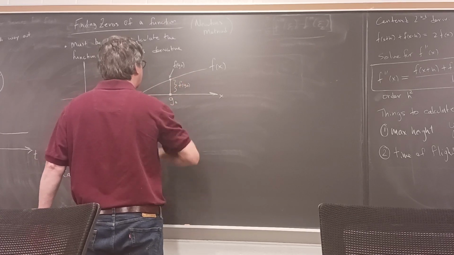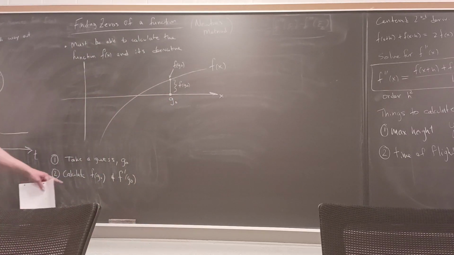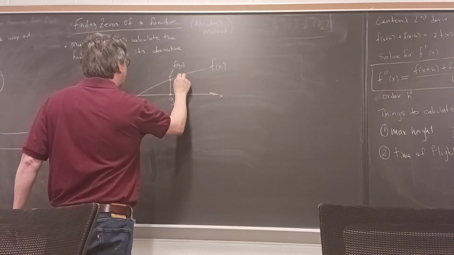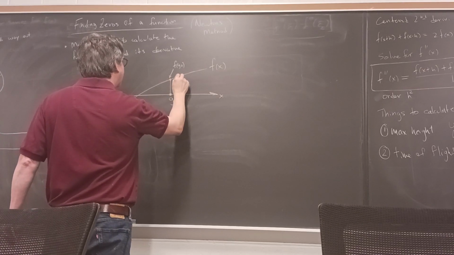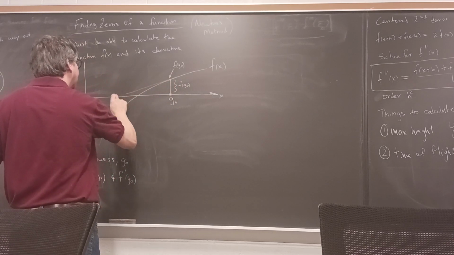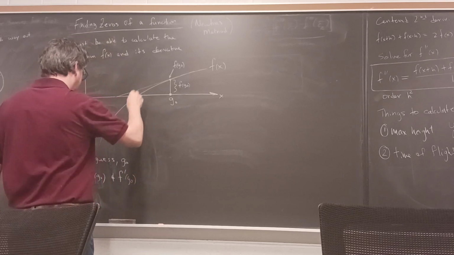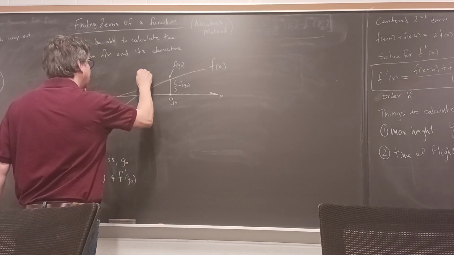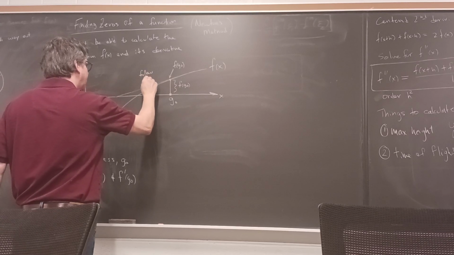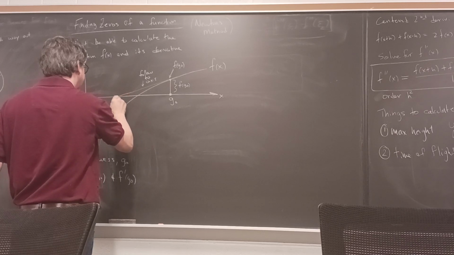And then we've also calculated f prime of x, so we know the slope at this position. Basically what you do is you just follow the slope to the axis, and this is G1.